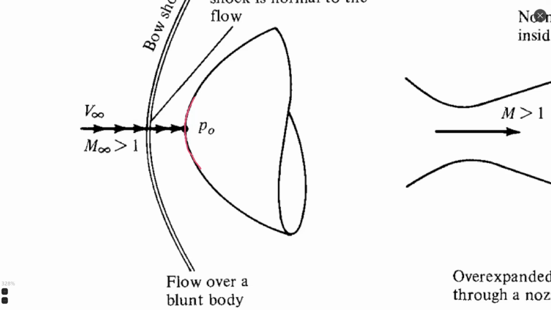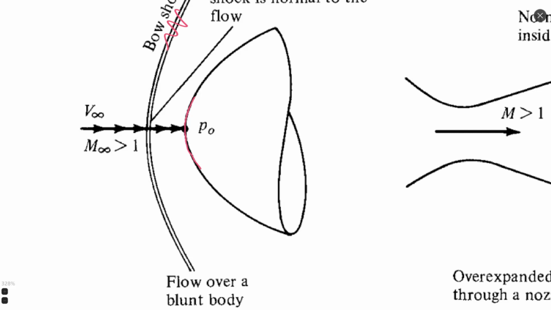What is forming this normal shock wave? What is forming shock wave by itself? Let's imagine we do not have any shock wave. So this shock wave does not exist. What happens with the flow?